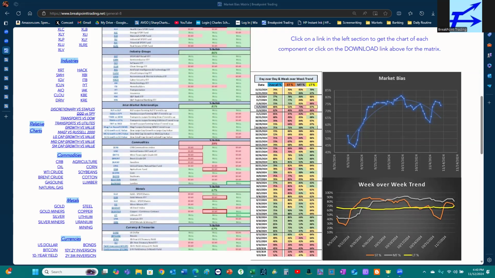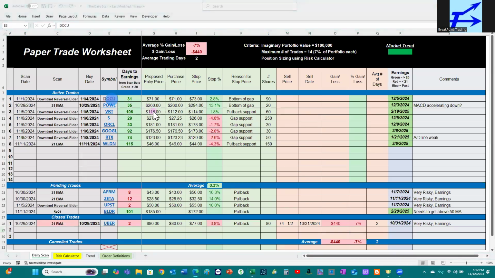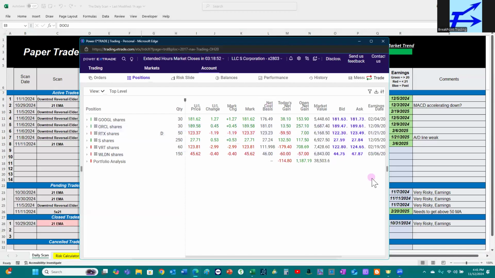If I go back up to here, we'll take a look at DocuSign first as this is opening up. Okay, here we go. There's the status of what we have in the account right now.